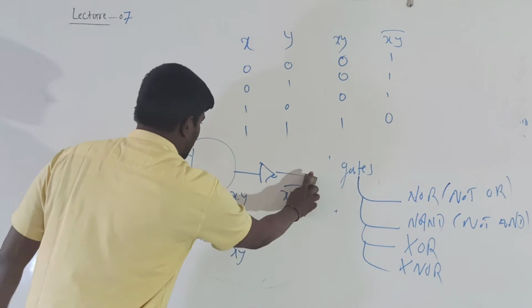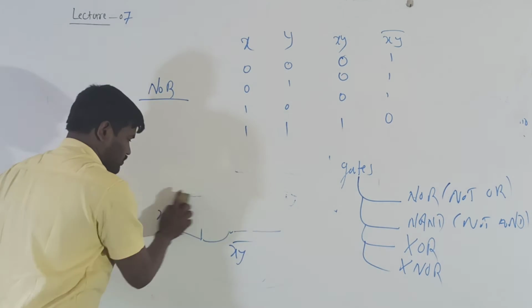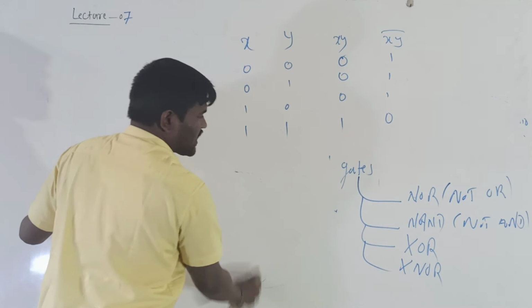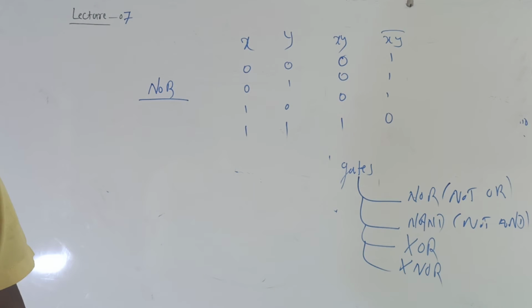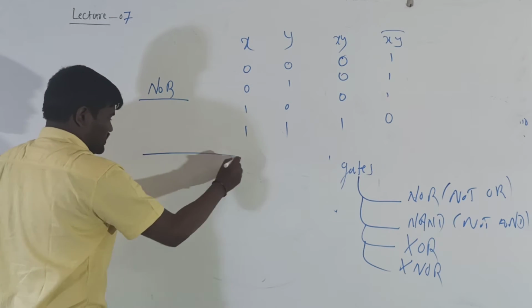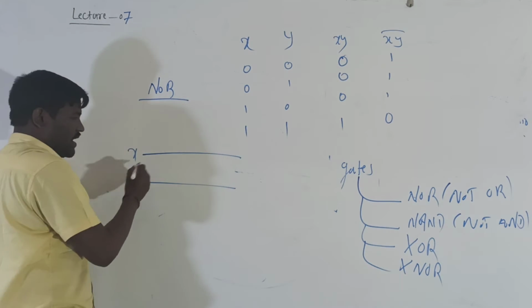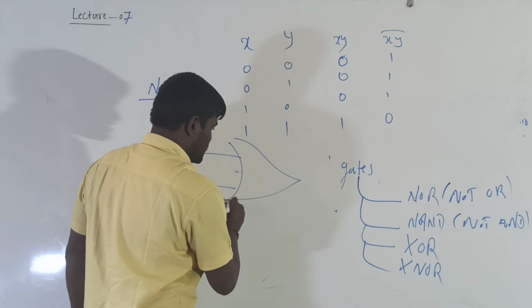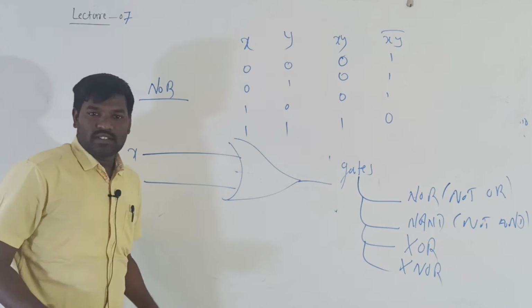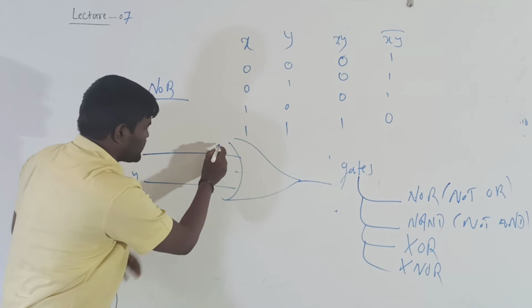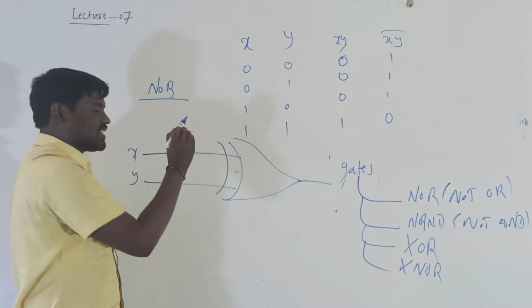Next is the XOR gate. XOR indicates exclusive OR gate. The diagram is X, Y. First we draw the OR gate, and after drawing it we mention another curve.